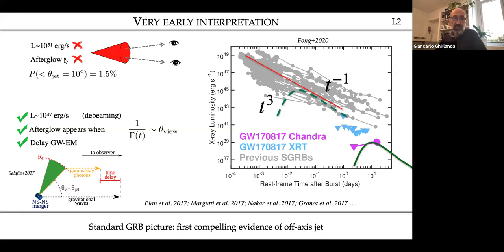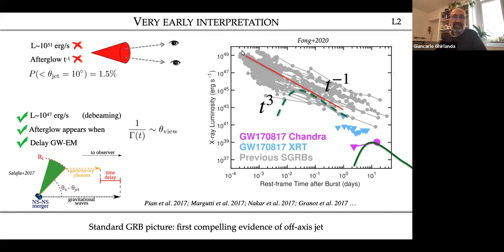Also, the afterglow emission is against the possibility of a jet aligned to the Earth, because in that case we should observe, like in many other short GRBs, which are represented here in gray points, the X-ray afterglow emission as a function of time decaying roughly as a power law, which is t to the minus 1 or something like that.